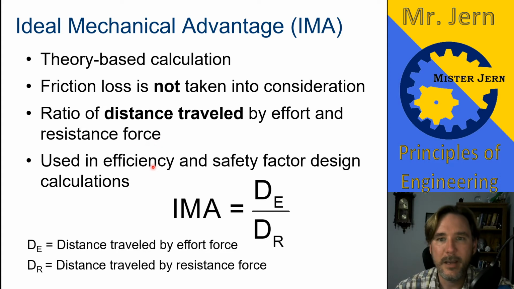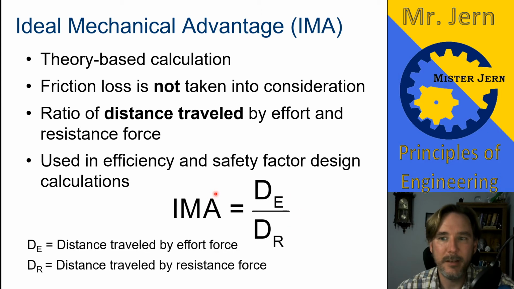Now, ideal mechanical advantage is just the ratio of the distance traveled by the effort and resistance forces. This is an equation that will be on the equation sheet for any tests. You won't have to memorize it, but you are going to want to be familiar with how to use it. So the ideal mechanical advantage is the distance traveled by the effort force divided by the distance traveled by the resistance force.